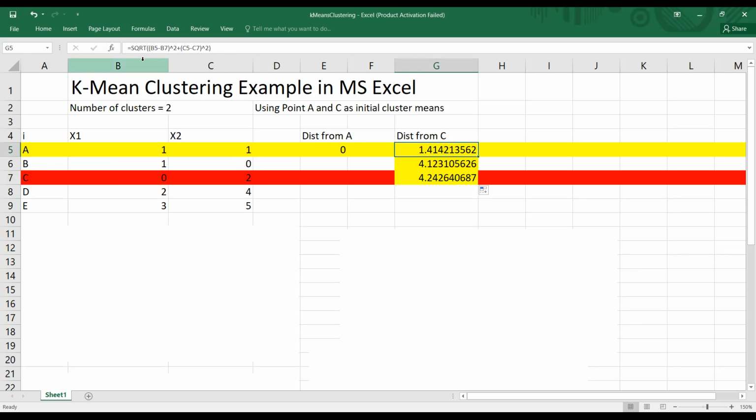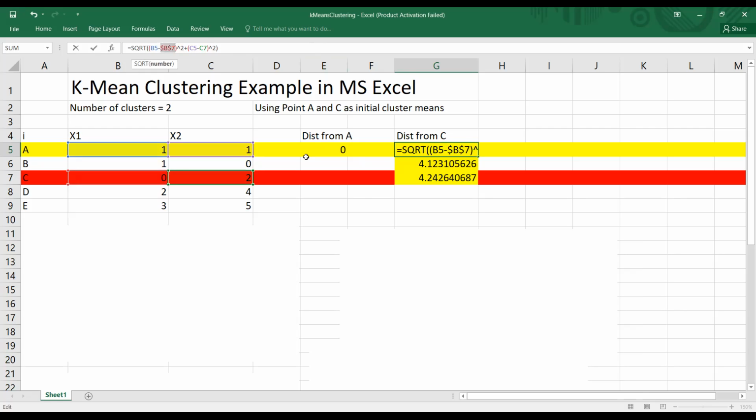So that can be done by some editing in this formula, and that editing is that we have to freeze this B7. If we want to freeze this B7, we have to use function F4, because F4 will basically freeze the content of B7.